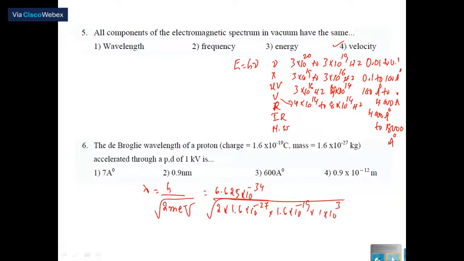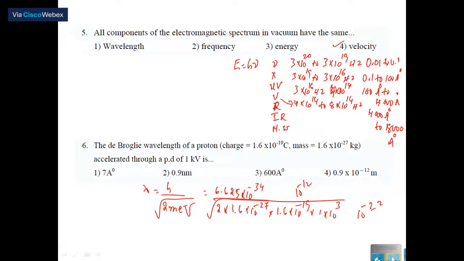Very simple. Minus 27 and minus 19 gives minus 46, and with the 10 power 3 that is minus 44. The root of that is minus 22. Minus 22 and minus 34 get cancelled, and minus 12 remains in the numerator, 10 power minus 12.